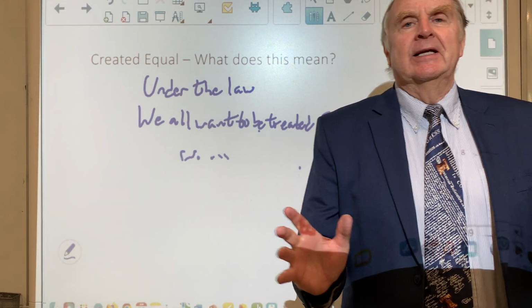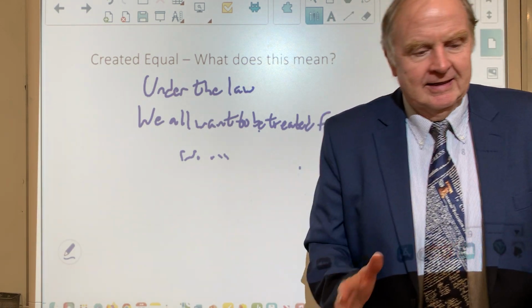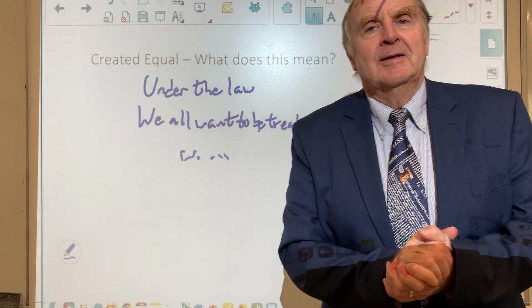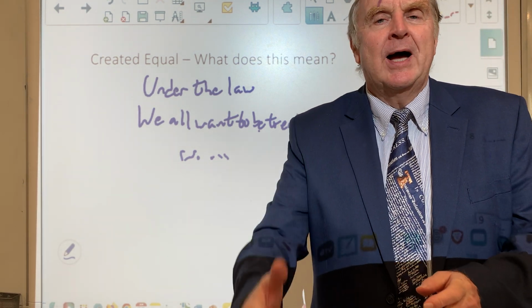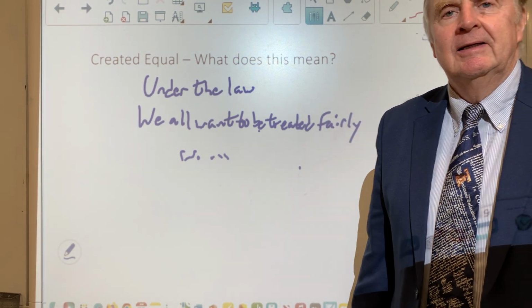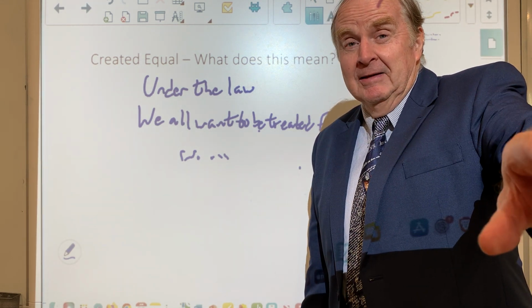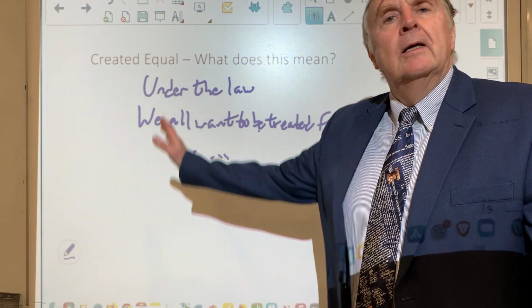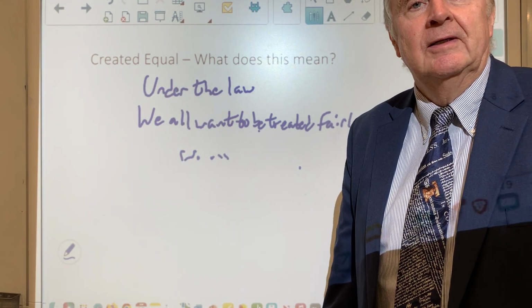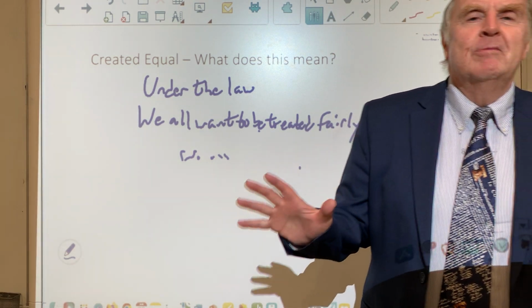If you have a couple of siblings and your mother's cutting the dessert, cutting the cake or the pie, I've got to make sure that I don't get a smaller piece than my brother or sister does. That's the sense of fairness. I can remember similar experiences in other families.